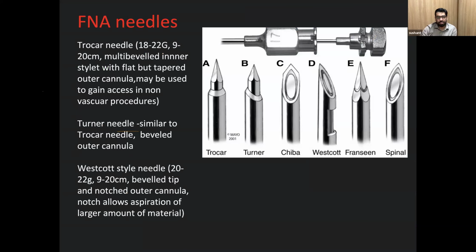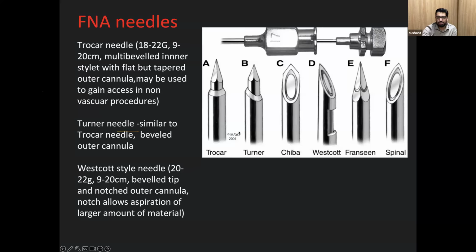Another type of needles we have are the trocar needle and the Turner needle. These needles vary based on the shape of the tip. The trocar needle has a three-sided diamond-shaped configuration and has less maneuverability as compared to the Chiba needle.